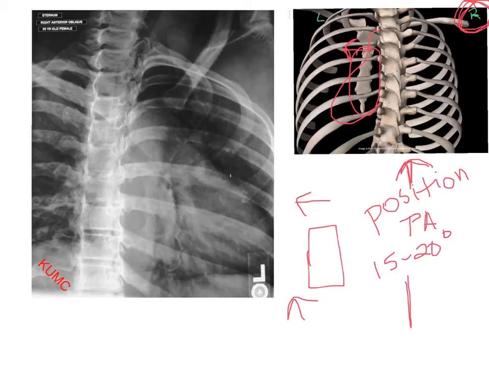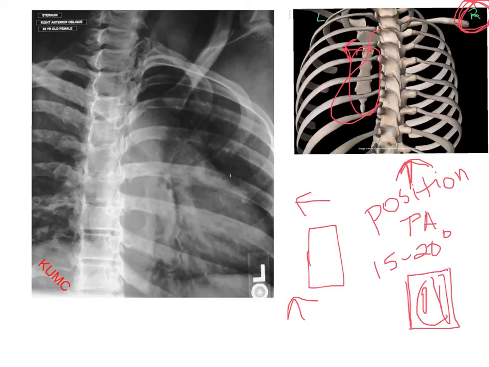I'm not going to give you an RAO sternum on a 14 by 17 that has bilateral oblique ribs on it where you can see the sternum and then expect you to tell me that's an RAO sternum. If you see a 14 by 17 and you've got the entire rib cage above the diaphragm, that could either be a unilateral RAO ribs, or if it includes both sides, the bilateral RAO ribs.